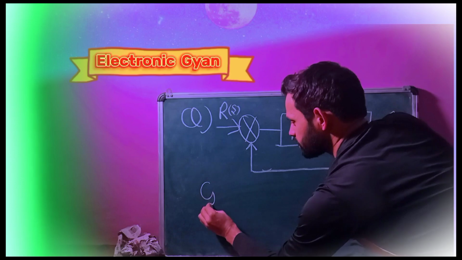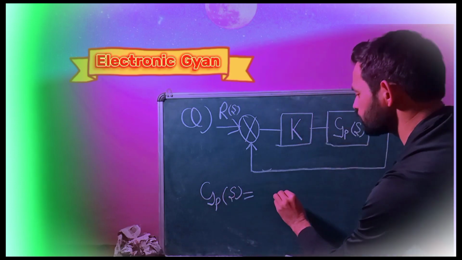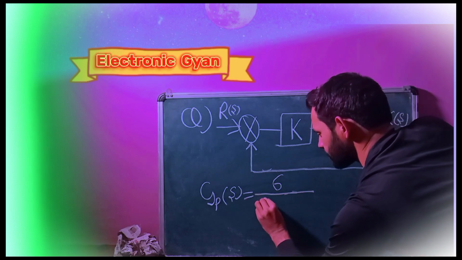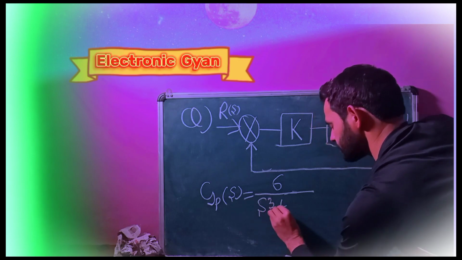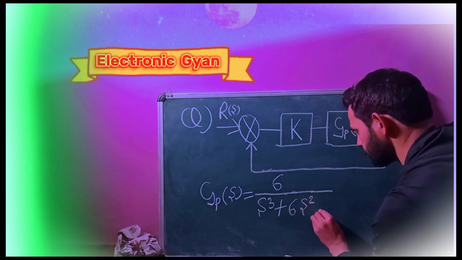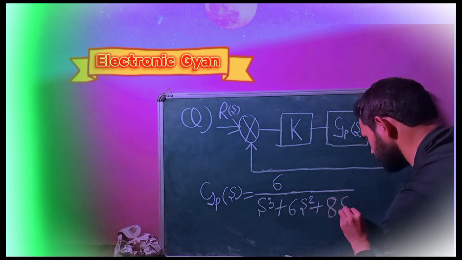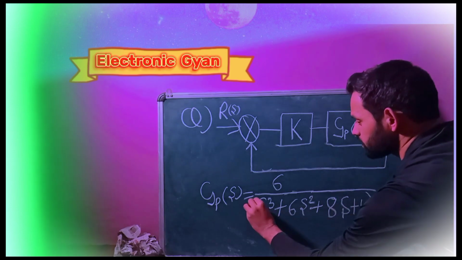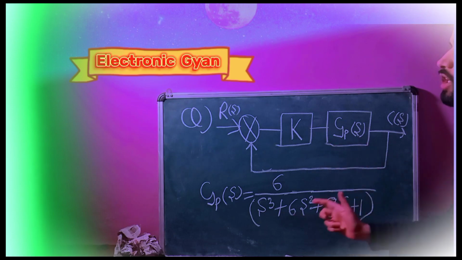The plant of the system is equal to 6 by S cube plus 6S square plus 8S plus 1. This is the plant of the system, which is a third order system.